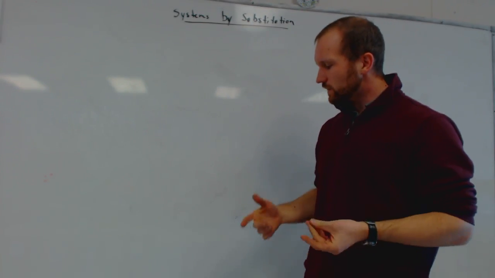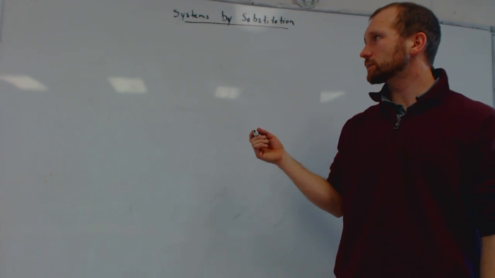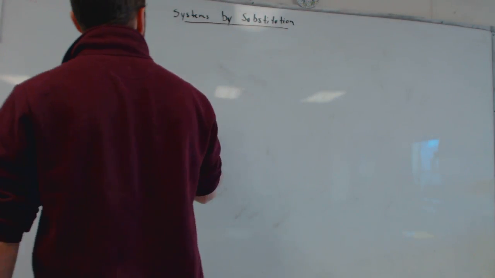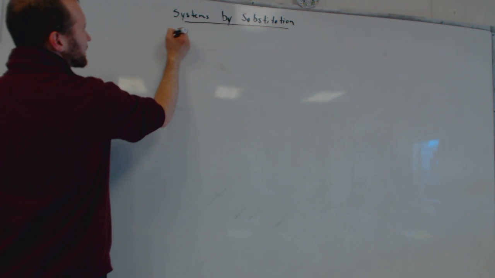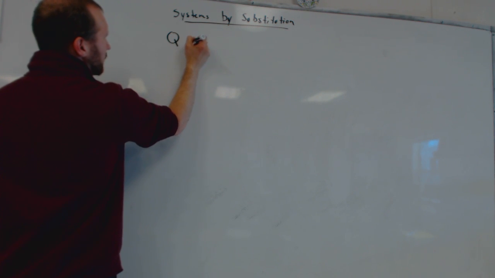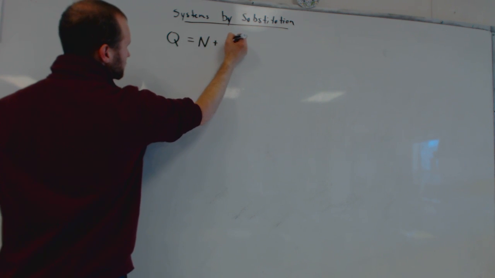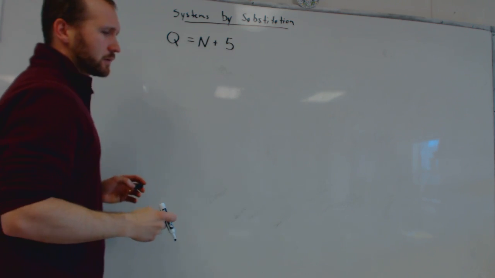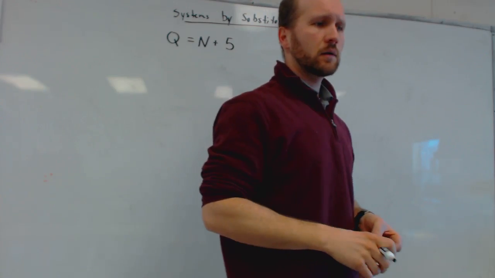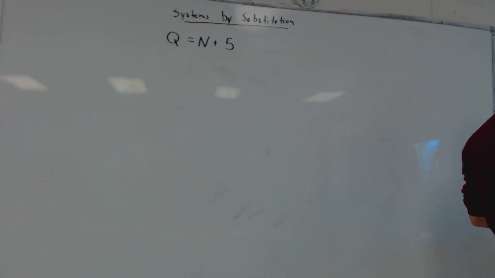All right, so let's look at this actual problem. So what I just told you was the number of quarters is equal to the number of nickels plus 5. Make sure I did that.